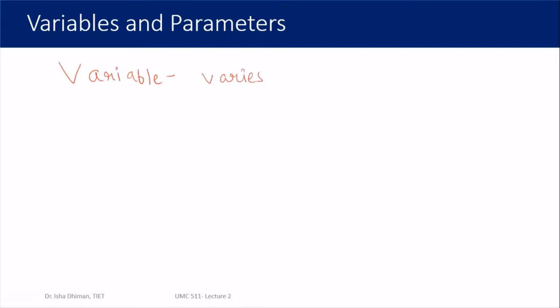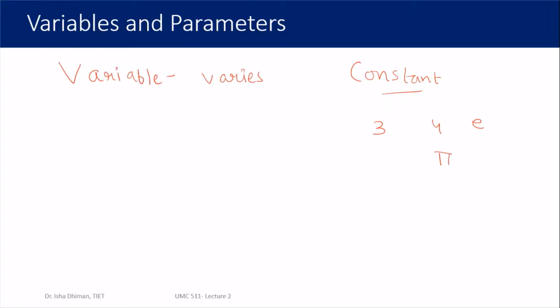Before defining variables and parameters, we should know what a constant is. Nobody needs to tell you that. 3 is a constant, 4 is a constant, e is a constant, pi is a constant. The numbers which we can see in front of our eyes are just constants.